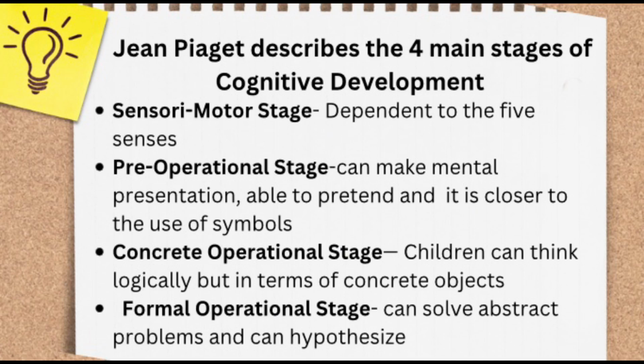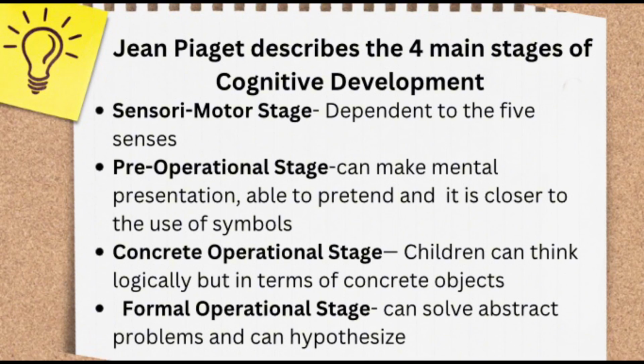While the pre-operational stage can make mental representations, able to pretend, it is closer to the use of symbols. So, the children can imagine or pretend things that exist, like they're imaginative, and they can also perceive through the use of symbols.